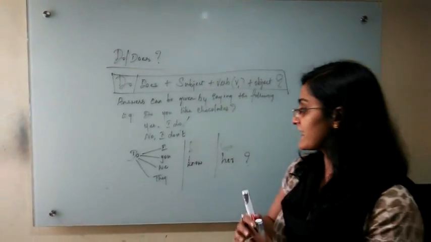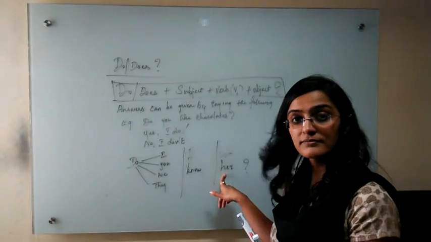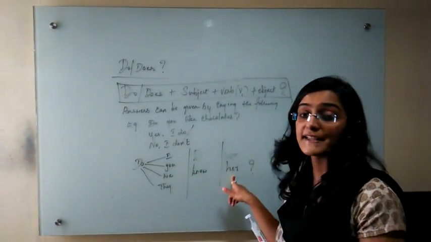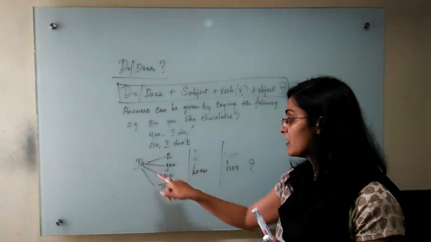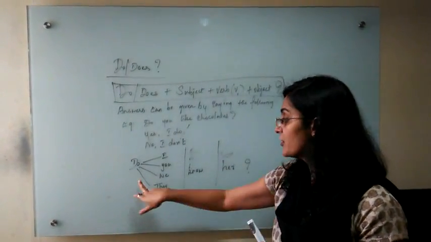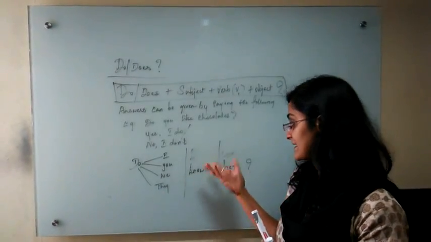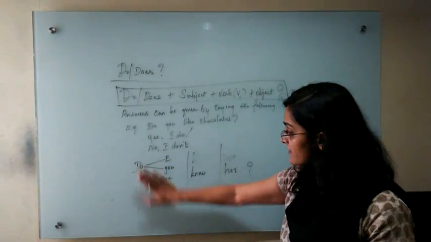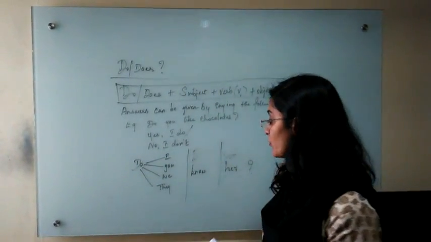Do I know her? Yes, I do. No, I don't. Do you know her? Yes, I do. No, I don't. Do we know her? Yes, we do. No, we don't. Do they know her? Again, it's the same thing. Yes, they do. No, they don't. So this is how you form a question with do.